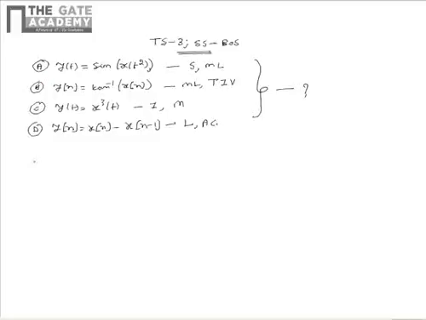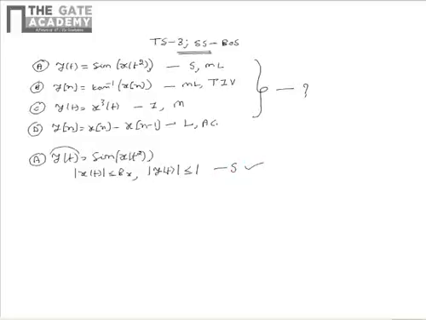First, let us consider the option A. The system in option A is y of t is equal to sine of x of t square. From this we see that for any bounded input, that is mod of x of t less than or equal to Bx, mod of y of t is less than or equal to 1. From this we can say that the system is stable in BIBO sense.